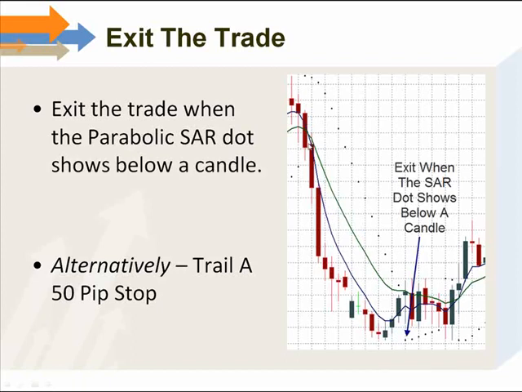So in this case, we entered the trade up here, and we stayed in the trade all the way until the parabolic SAR dot appeared below the candle on the chart. And alternatively, we could have trailed a stop at 50 pips. In this case, it probably wouldn't have made much difference for profitability, but for when you're starting out, use this exit strategy. It's the simplest. Let's take a look at some real trade examples on MetaTrader.